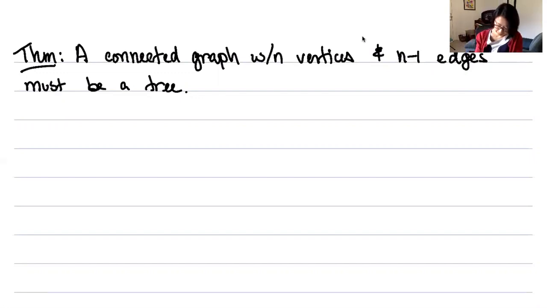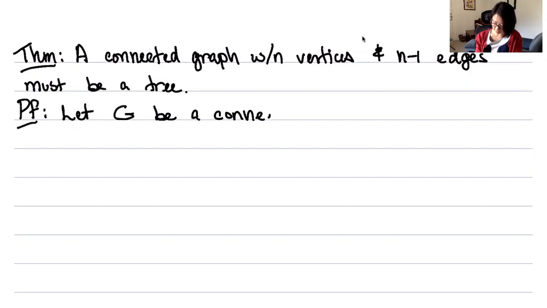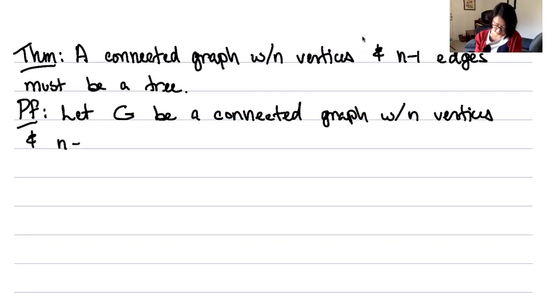Okay. So let's see how this goes. Let's suppose G is a connected graph with n vertices and n-1 edges.